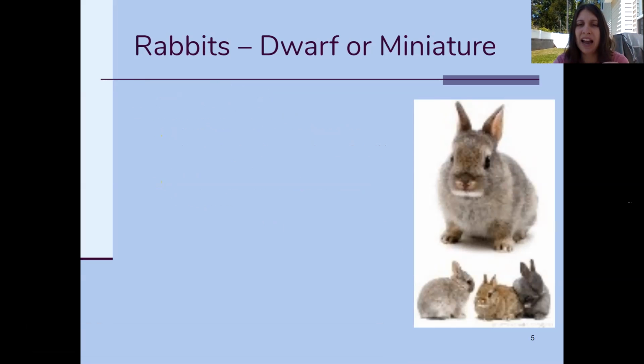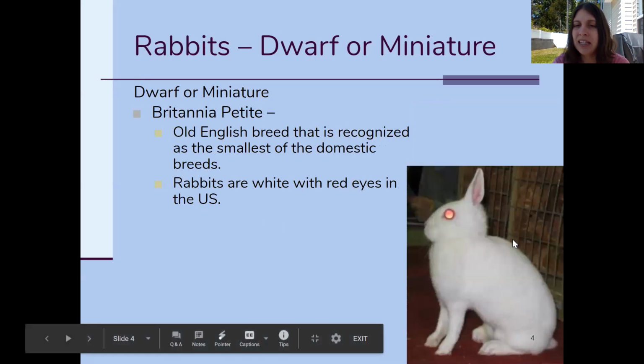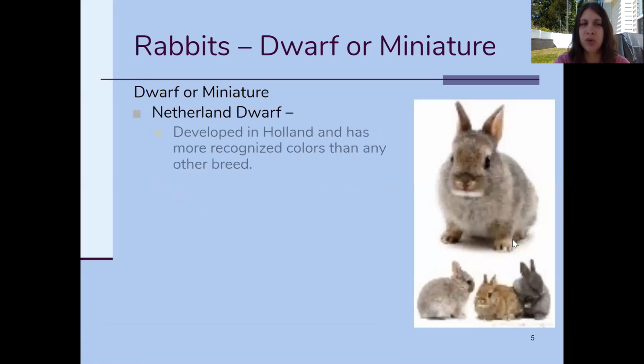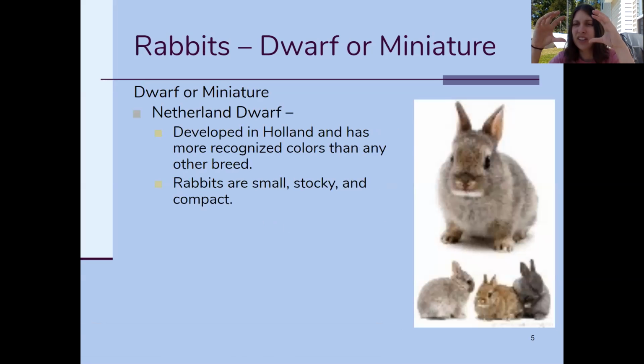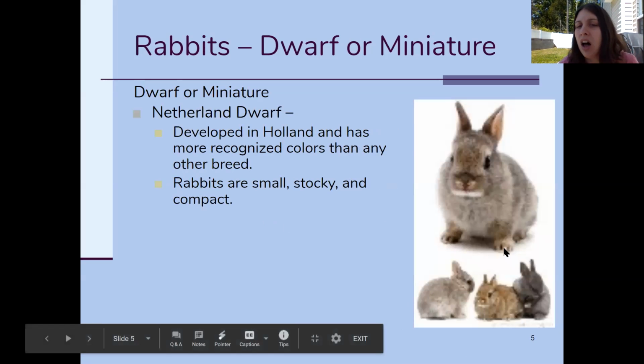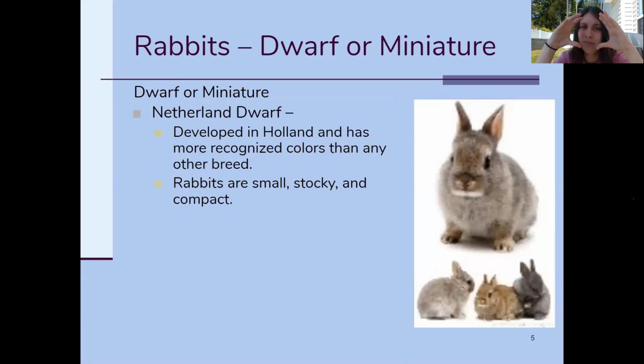Whereas the Britannia Petite is kind of a long rabbit, the Netherland Dwarf is kind of like a little ball. If you've ever seen a baby cottontail, the Netherland Dwarfs remind me a lot of them, just like this little ball. They're not long, they're pretty round and cute.